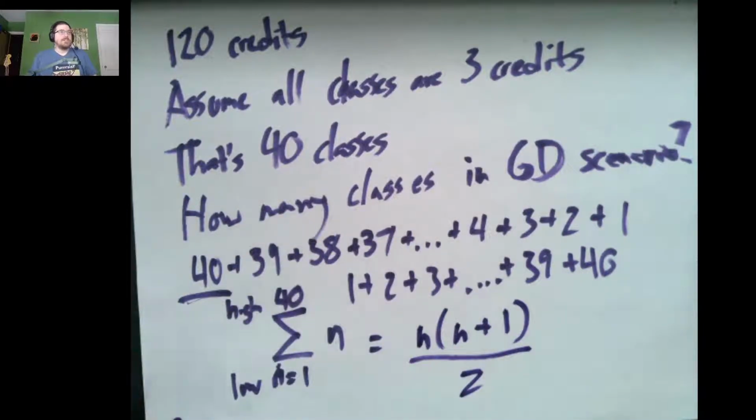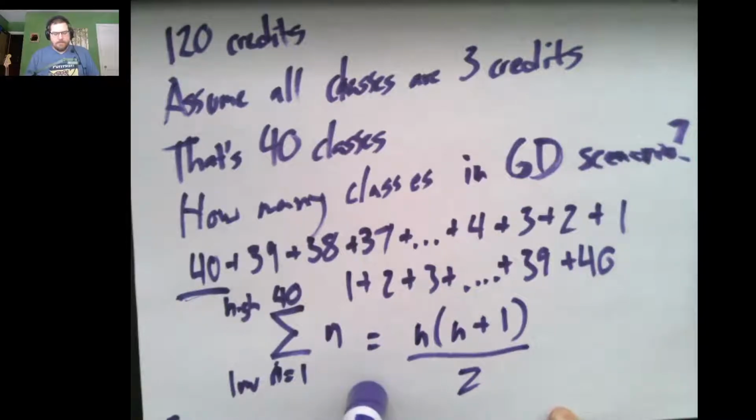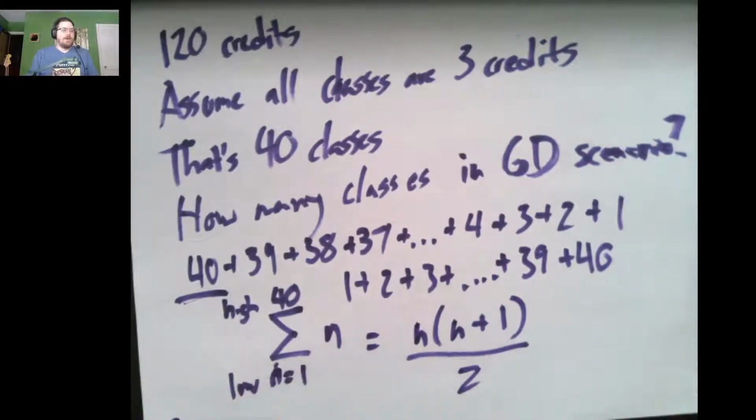But what magic did you get? Figured it out, that it's n times n plus 1 over 2. And this is, I think, oh, Eric Hamilton would know. If only I could summon him. I think this is the Euler summation? Euler?